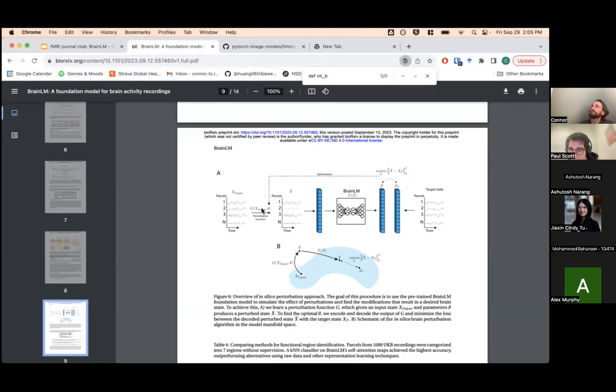And I think they also do that with resting state versus task. And I guess they show that visual cortex is very susceptible to perturbations in a way that interacts with resting versus task.